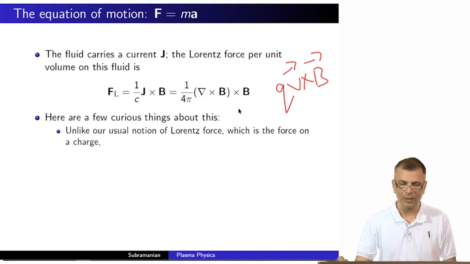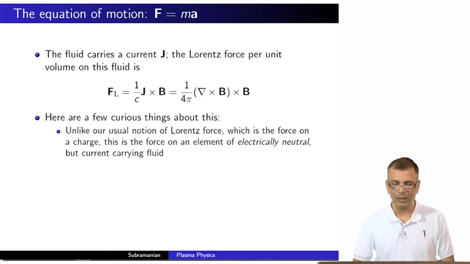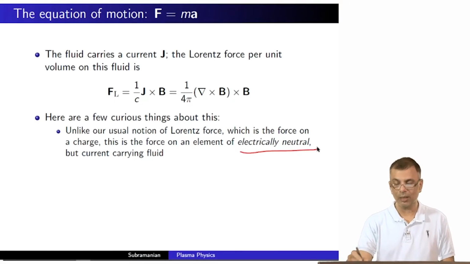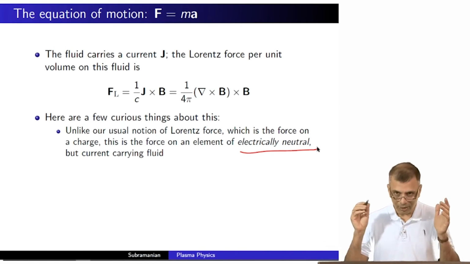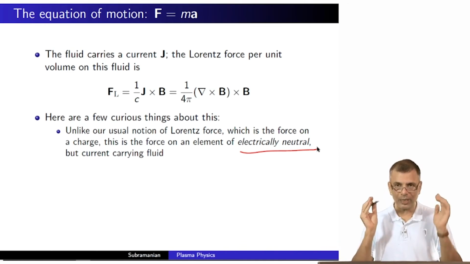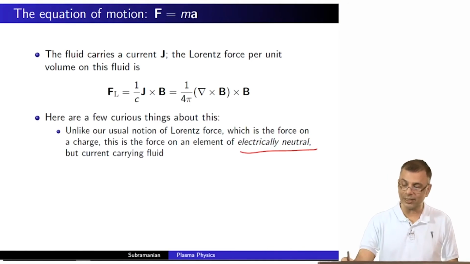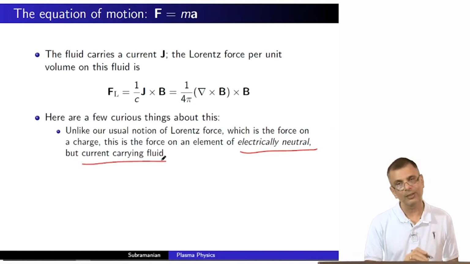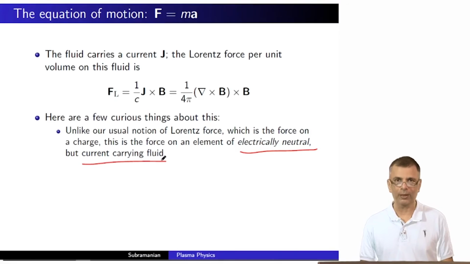However, this is really the force on an element of fluid that is electrically neutral. There are no charges. The element of fluid is actually electrically neutral, but it still carries currents. Very important.